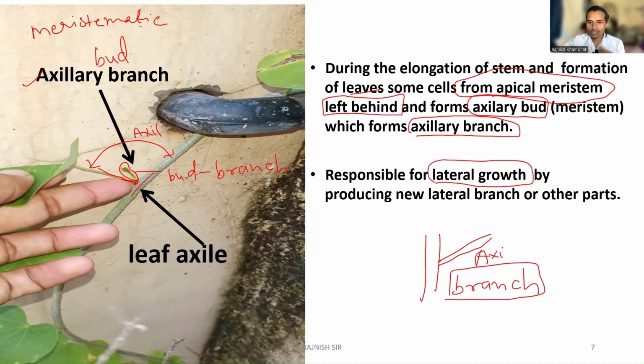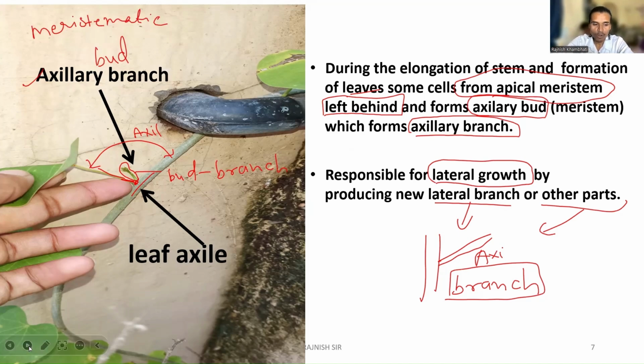So lateral growth is the responsibility of axillary buds, and these axillary buds will be producing the new lateral branch or other parts of the plant. Normally, let's take the example of a branch only right now because you are in standard 9. Okay, now let's move ahead.